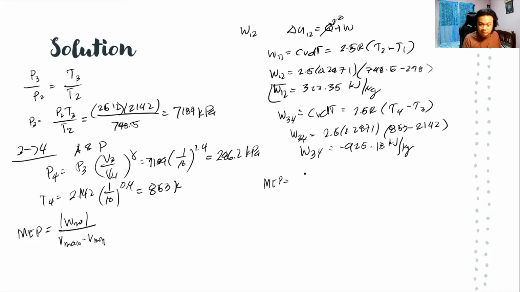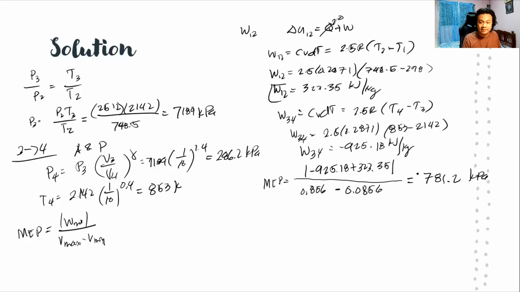So MEP is equal to the absolute value of our net work, 323.35, over the Vmax. Vmax, we know that earlier we got that as 0.856, diba? Minus the minimum volume of 0.0856. As we solve it in the calculator, you have 781.2 kilopascal.